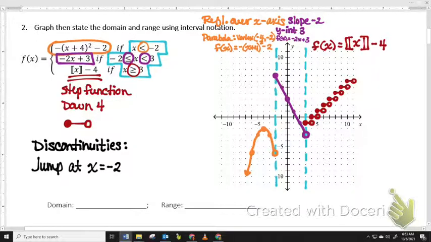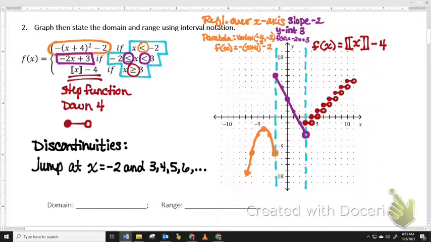And so I would say -2, and because the other side, those jump discontinuities are coming every single integer. I have discontinuities at 3, 4, 5, 6, 7. So I would start listing those out. 3, 4, 5, 6. As soon as you have established a pattern, then we can indicate that that pattern just goes on forever and ever and ever.